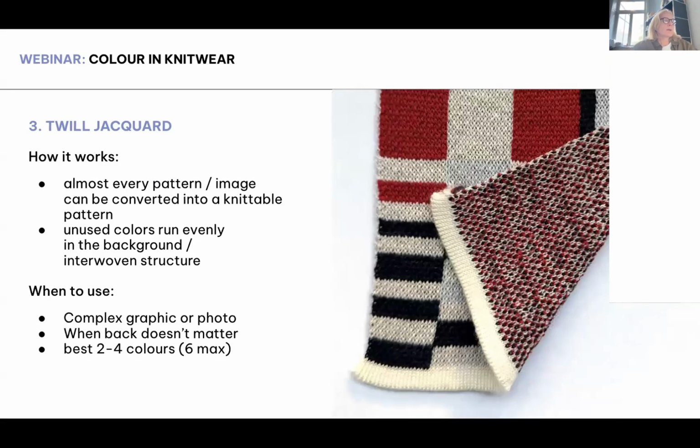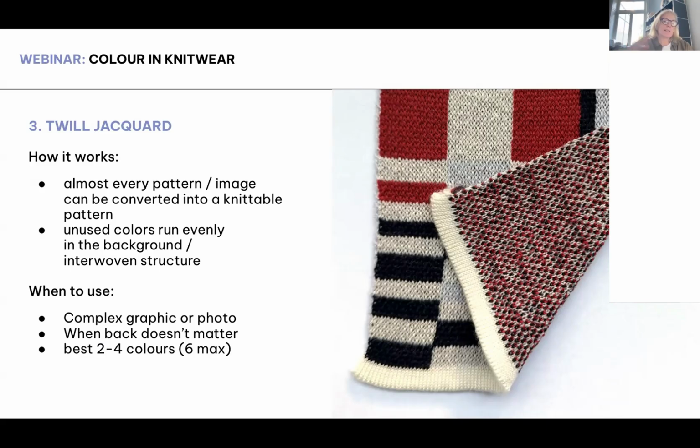And then the third method is the twill jacquard, which is used most often for a sweater or cardigan. The twill jacquard has the advantage that you can use almost every single pattern or image, and that can be converted to a knittable pattern.